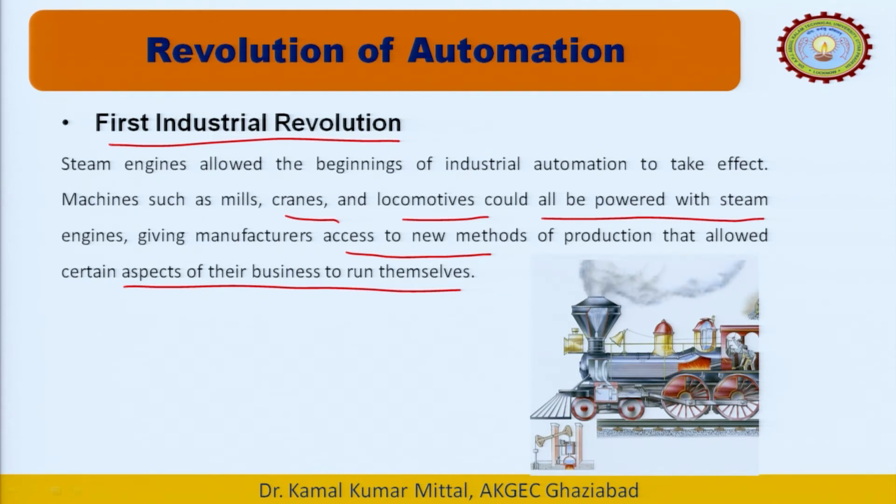Before that we are using horses to move the different components. We are using horsepower to transfer the different components. To move locomotives, we are using horses. So this is about the first industrial revolution.